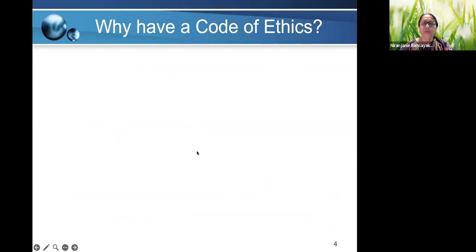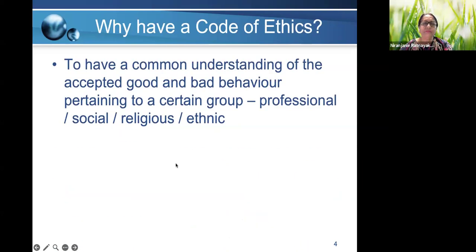So why do we need the code of ethics? The main reason is to have a common understanding of the accepted good and bad behavior pertaining to a certain group. It can be a professional group, a social group, a religious group, an ethnic group, right? Actually, when I was trying to find out the singular meaning of ethics, it says Achara Dharma.